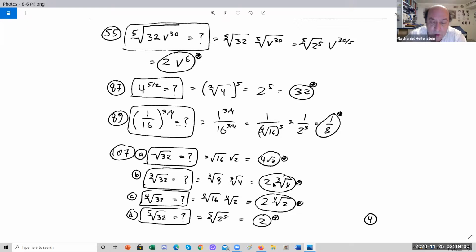So this will be 2 times the cube root of 4. Here, the fourth root of 32: the largest fourth power factor of 32 is 16, times 2. The fourth root of 16 is 2, so twice the fourth root of 2. And then here, the fifth root of 32. Well, 32 is a fifth power. These cancel, and you just get 2.